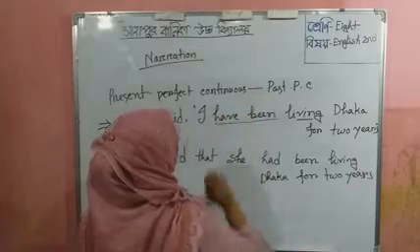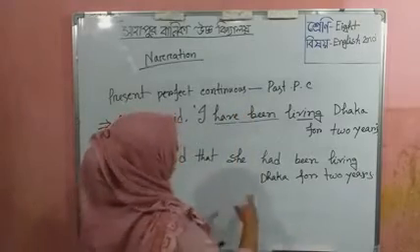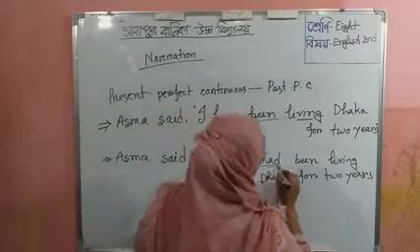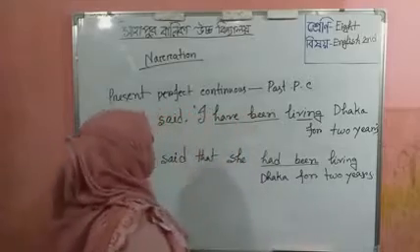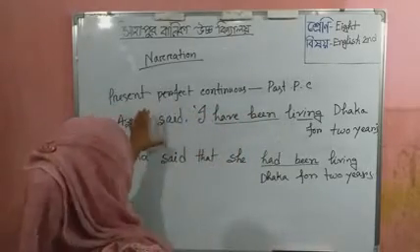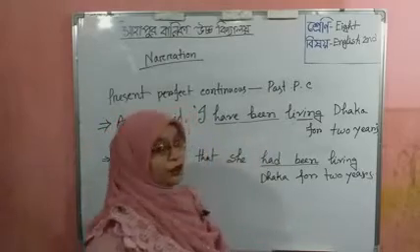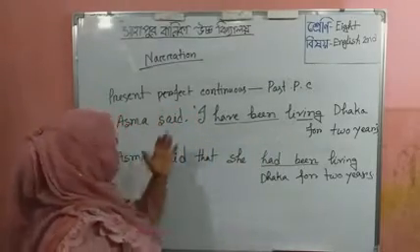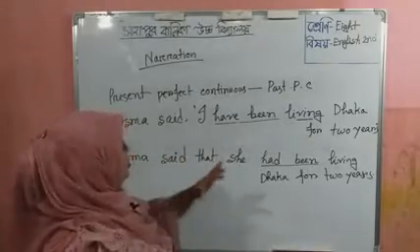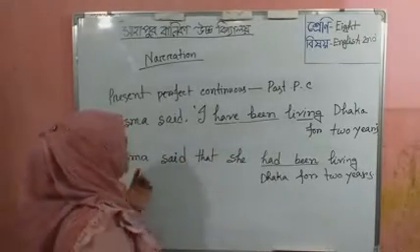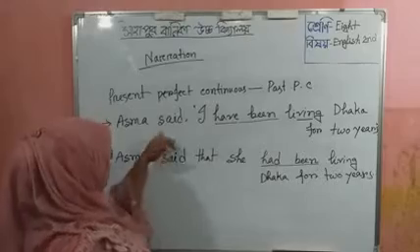Here "have been" is in present tense, so we change it to "had been" for past tense. So, in past perfect continuous: Asma said, I have been living in Dhaka for 2 years. "Asma said" is not changeable.